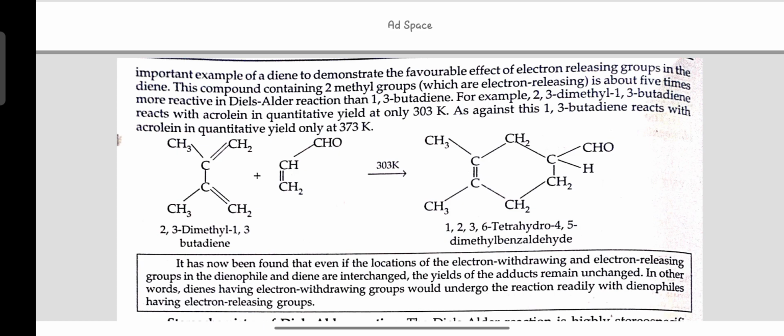This compound contains 2 methyl groups and is about 5 times more reactive in Diels-Alder reaction than 1,3-butadiene. For example, 2,3-dimethyl-1,3-butadiene reacts with acrolein in quantitative yield at only 303 K, as against this, 1,3-butadiene reacts with acrolein in quantitative yield only at 373 K.